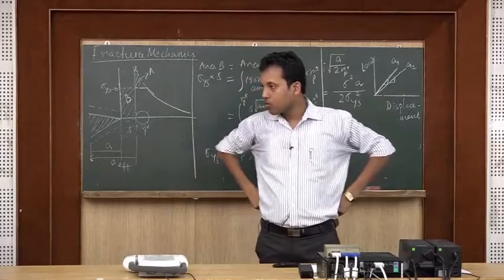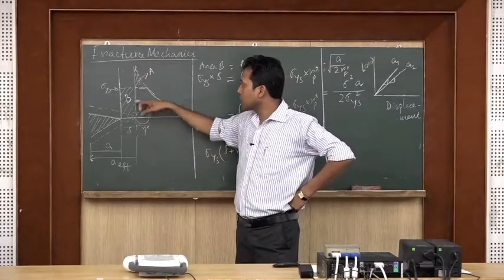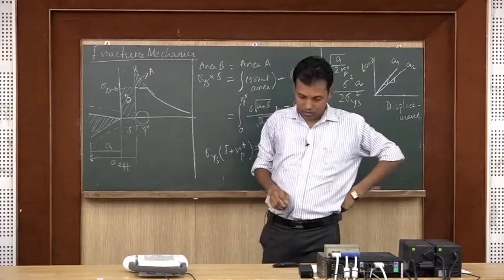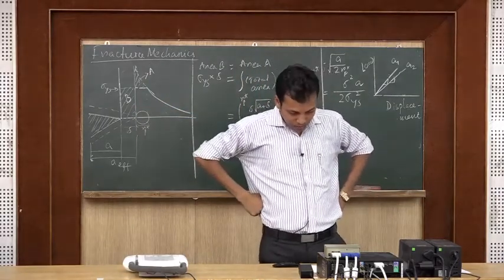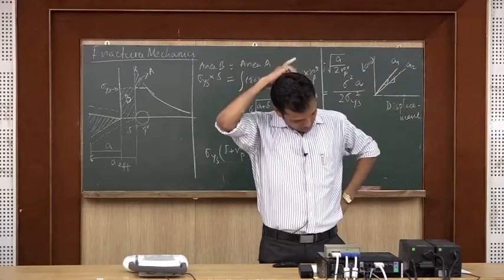Okay. So, that is the reason why we are taking that area equal to the area B. Do you follow or not? Who is having question, please ask me.